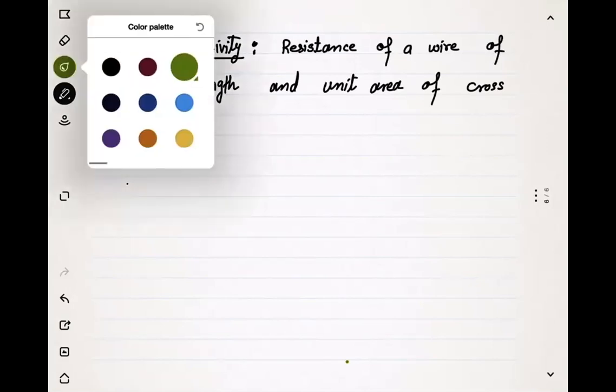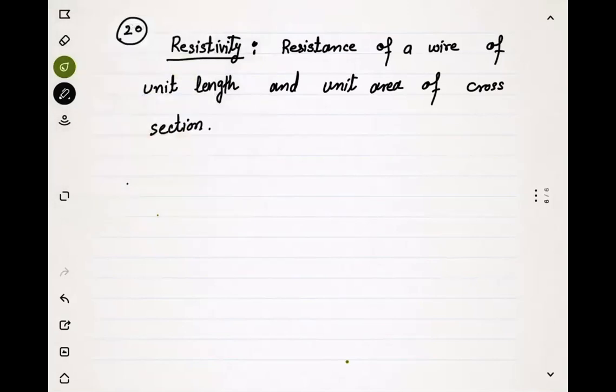Basically, the difference between resistivity and resistance is that resistance depends on factors.